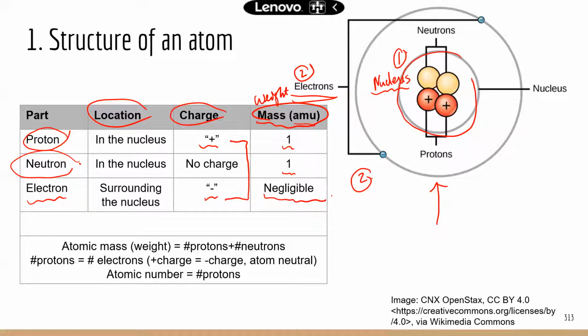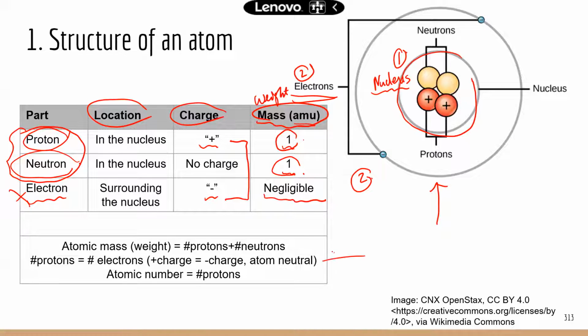So when you talk about the atomic mass of an atom, you only count the number of protons and the number of neutrons. Only these two subatomic particles count toward the weight of the atom. So when we talk about weight, make sure you ignore electrons. It doesn't matter how many electrons are in the atom, we do not count their weight.